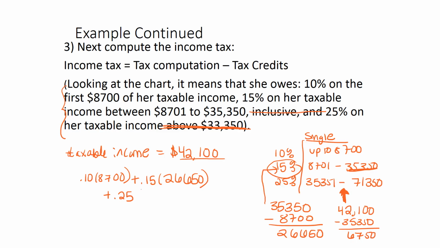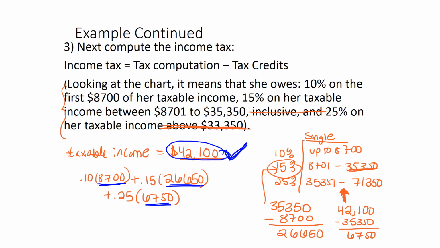So she pays 25% on the 6,750. And again, all of these total amounts, when you add them up, should add up to her total income, right? Because she pays 10% on part of it, 15% on part of it, and 25% on part of it. So you should check by adding those three numbers to see if you get this, right?